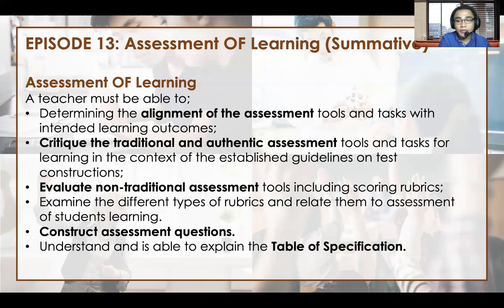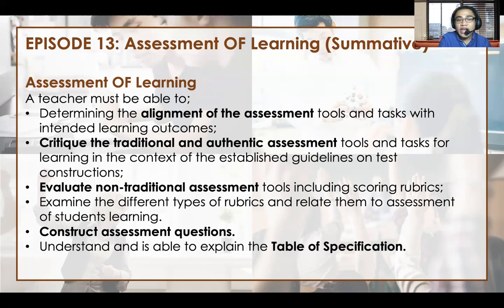Say, for example, pen and paper assessments. When are you supposed to use this? Portfolio assessments. When are you going to use this? So, as teachers, you're the one who's going to determine when this assessment tool should be used. So you're not just assessing the tool itself, you're also assessing the result of this.